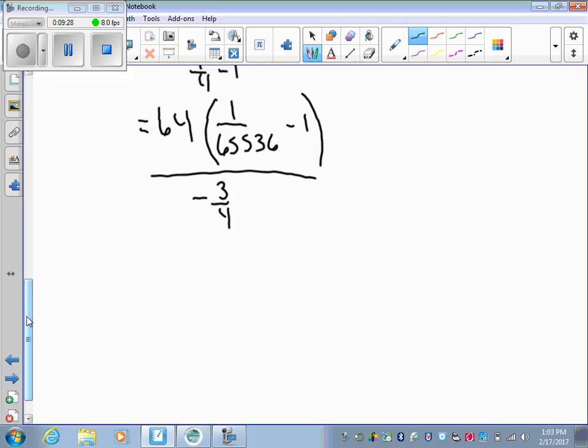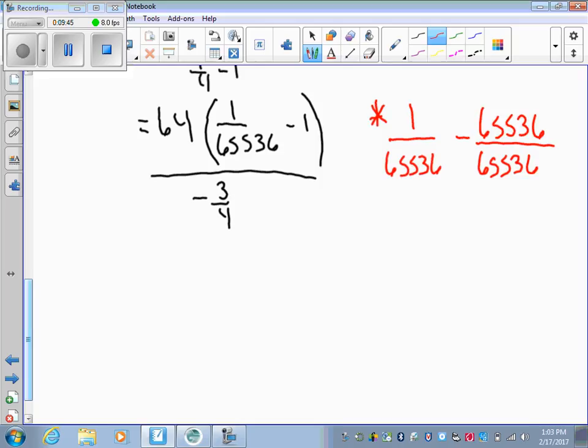Then, you want to do a little sidebar here to help subtract fractions. Remember, it has to have the same common denominator. So that will leave you with negative 65,535 over 65,536.